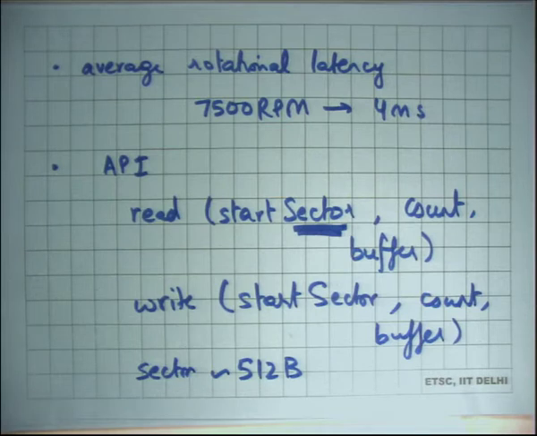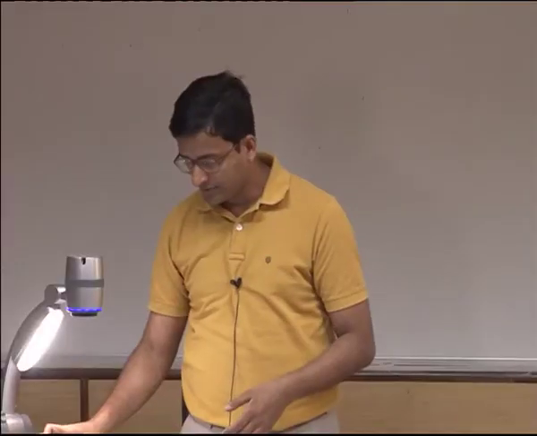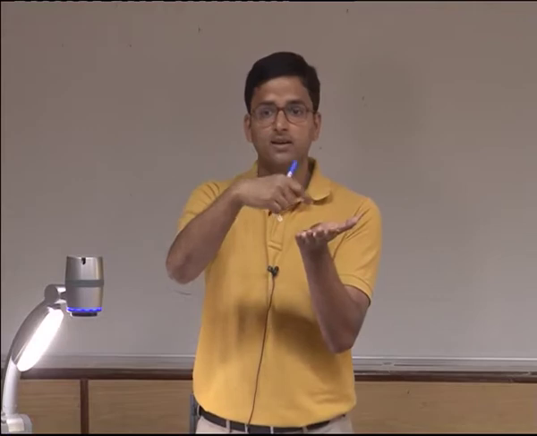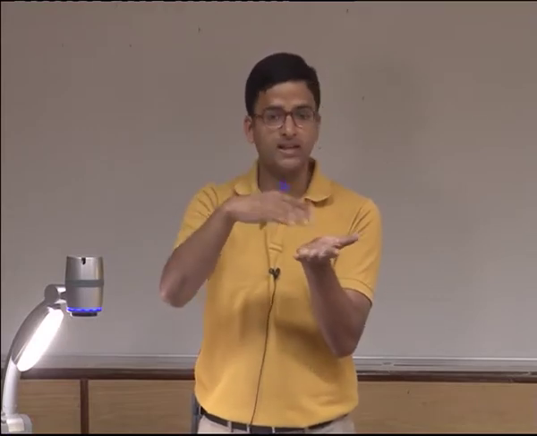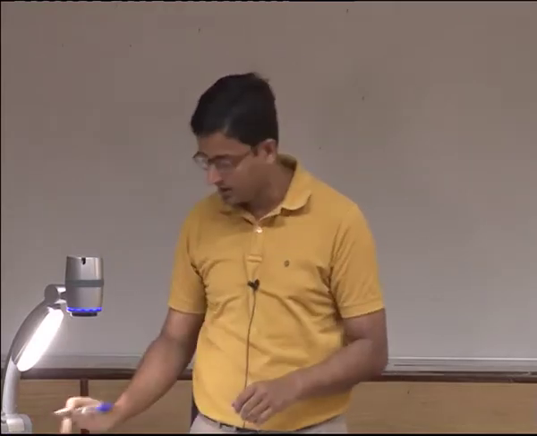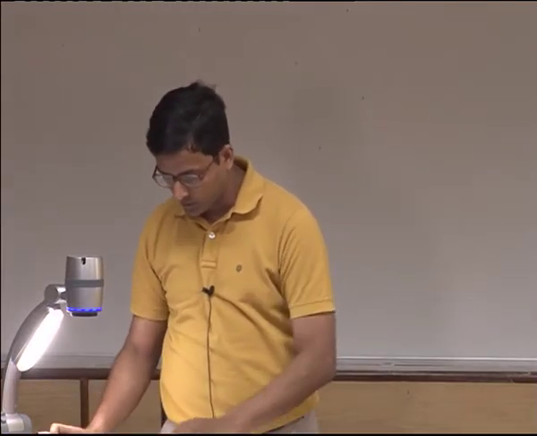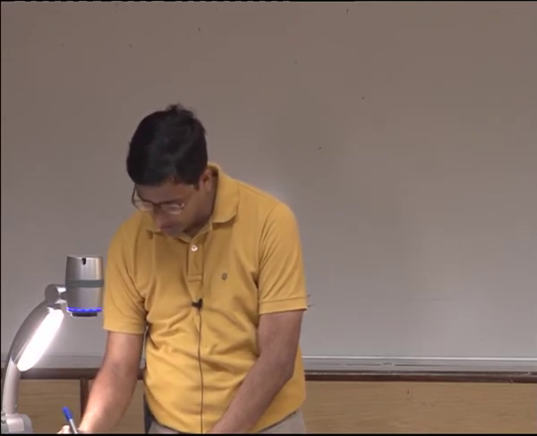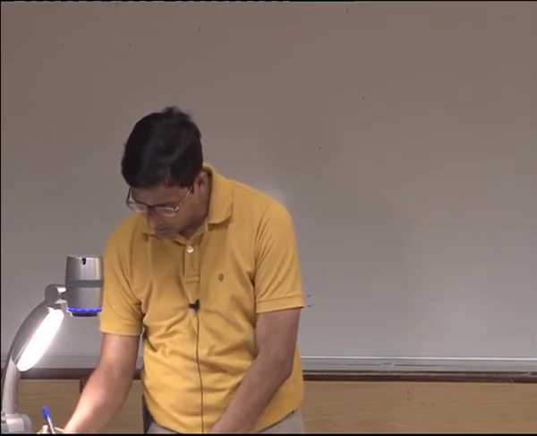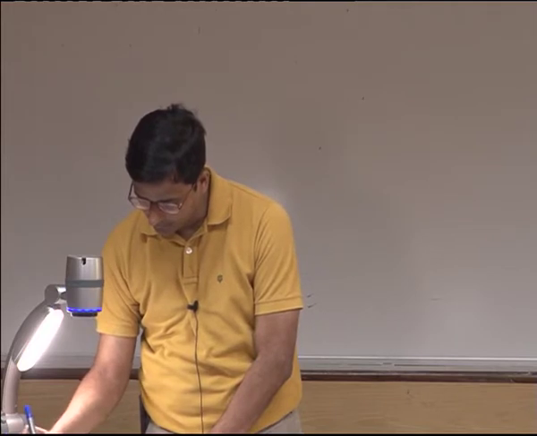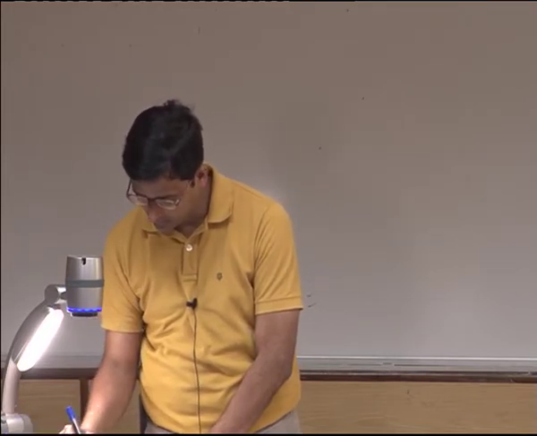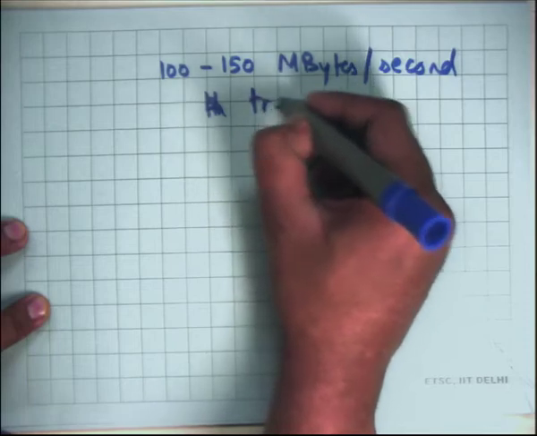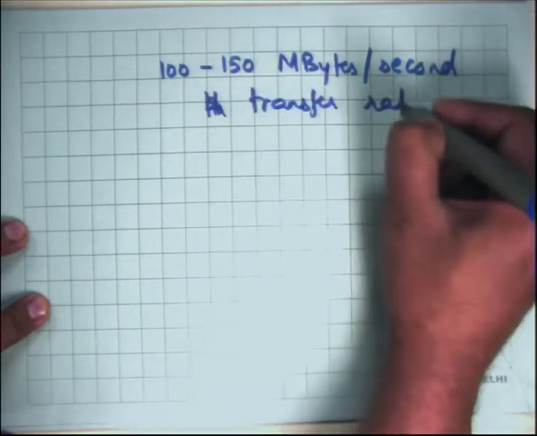Once the arm has been positioned at the sector from where you want to read, after that it's just a matter of the head starting to read the data that's stored in magnetic form on the platter, since the spindle is constantly rotating. And in doing so, with the current speed you will typically get 100 to 150 megabytes per second of bandwidth, the transfer rate, right.